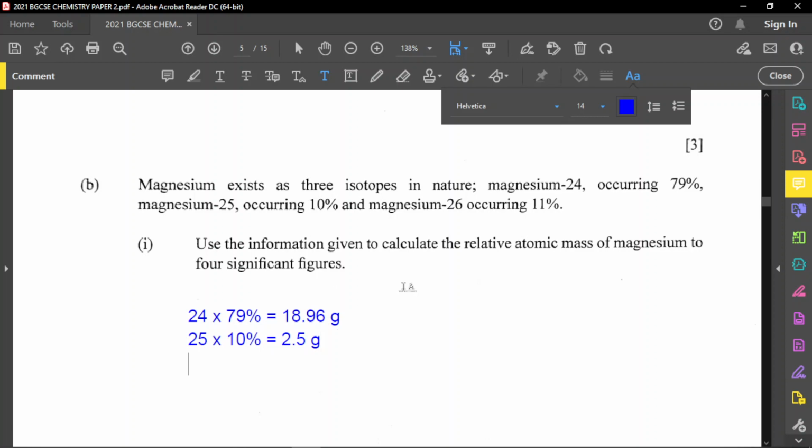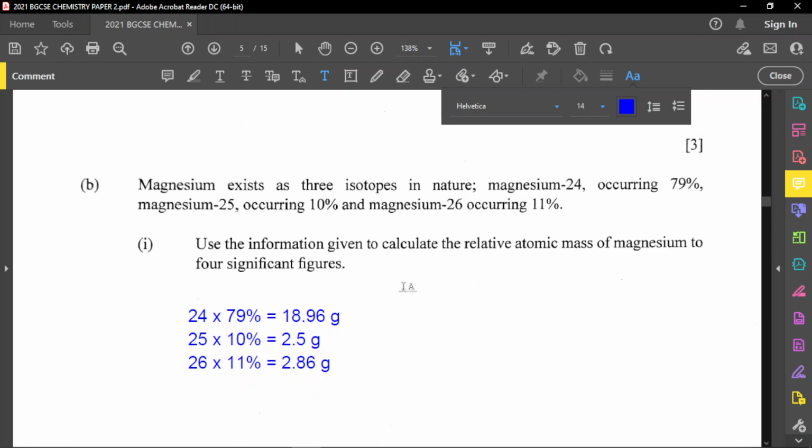For the next one, which is 26, it's 26 multiplied by 11%, or 0.11. When you multiply that, you get 2.86 grams again.